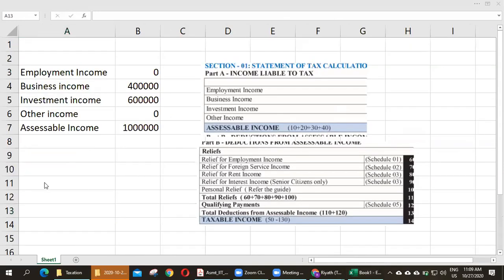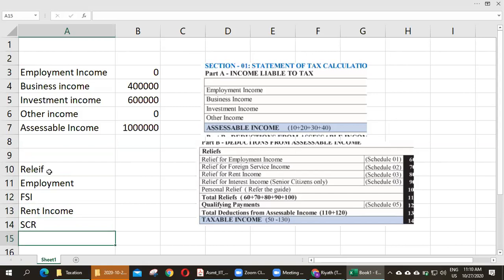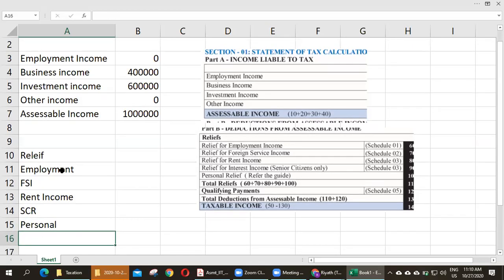So what reliefs are available? Employment relief, foreign service income relief, rent income relief, senior citizen relief, and personal relief.